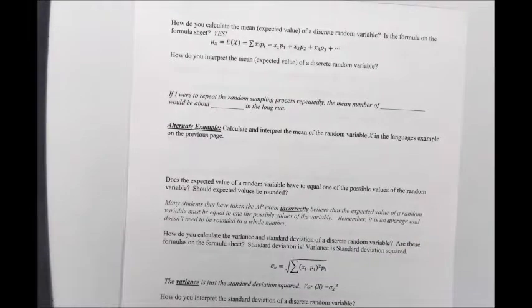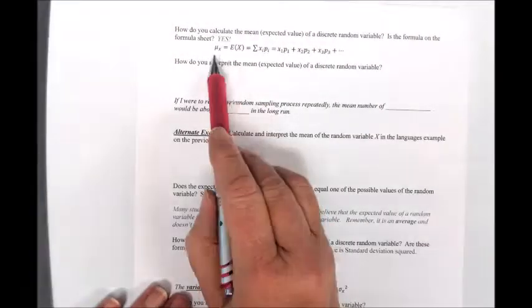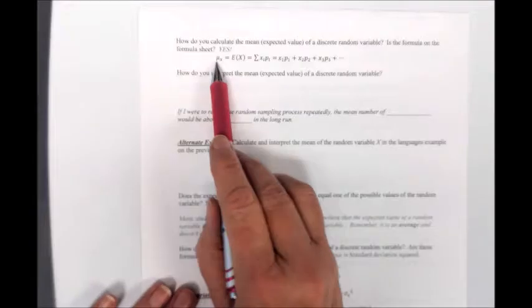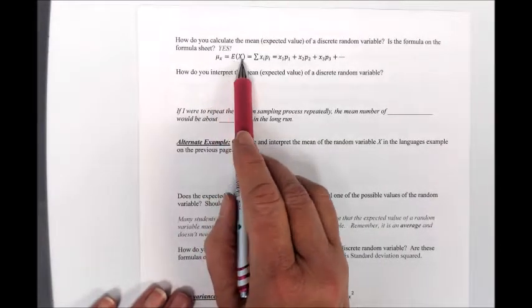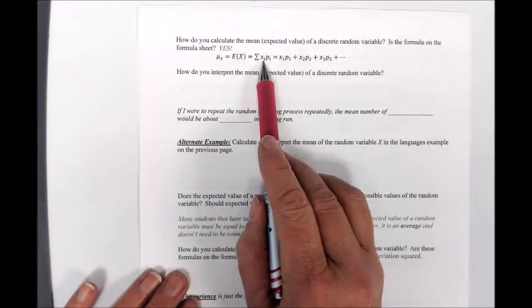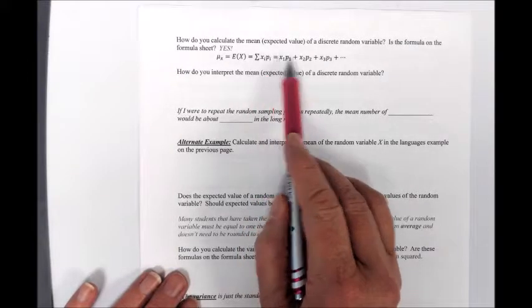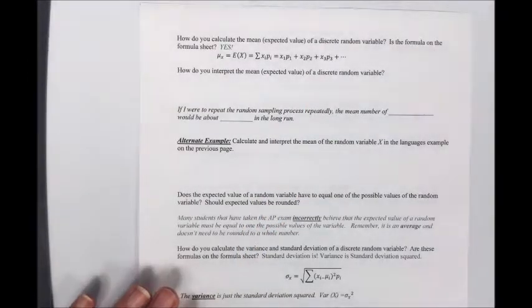So how do you calculate the mean, which is also called the expected value? I put this on the first page, so it could look like this: the mean of the random variable X, or the expected value. The expected value is the average. So all we have to do is take each individual amount in our X's, multiply it by its probability, and add them all together.